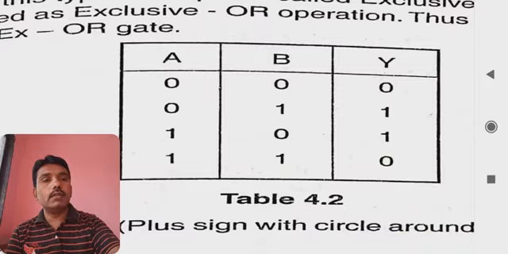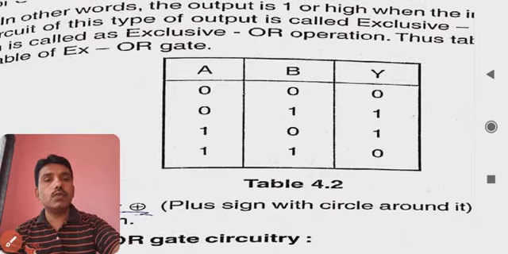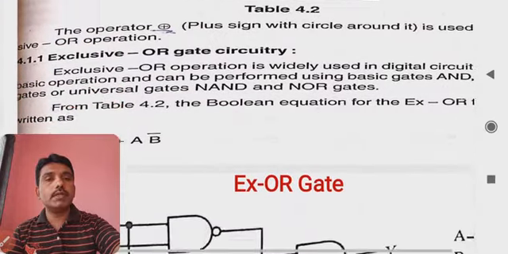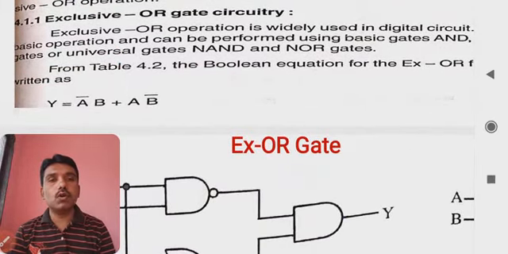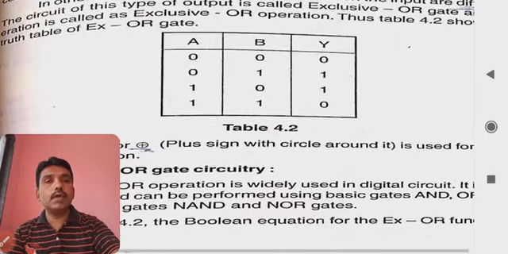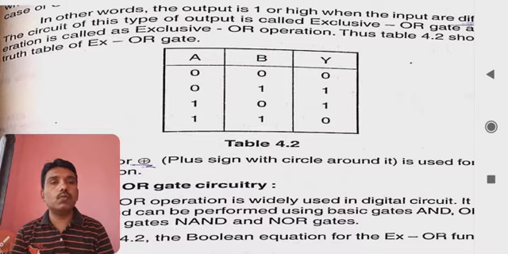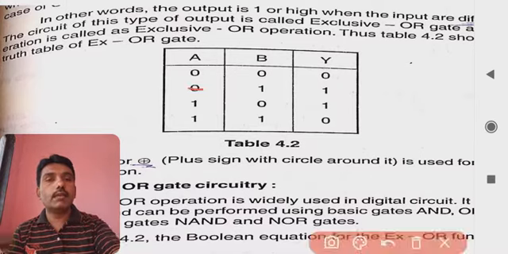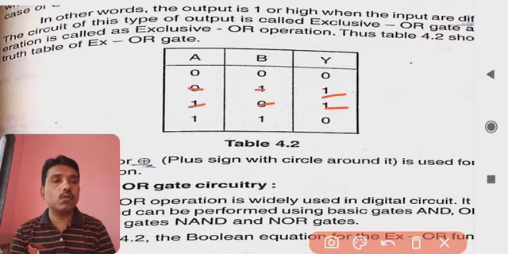And then let's see how it is implemented and how it is notated. In a simple way, it is represented as Y equals A complement B, or A B complement. That means if any one of the inputs is high, it gives you a high output. Either A is 0 and B is 1, then it gives a high output, or either A is high and B is 0, at that stage the output is 1.